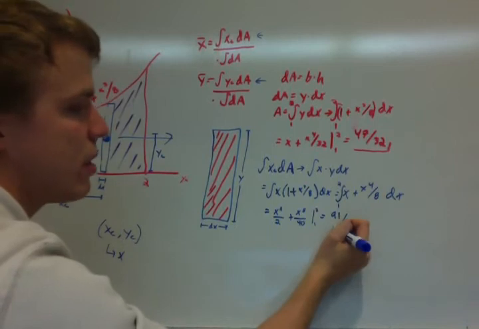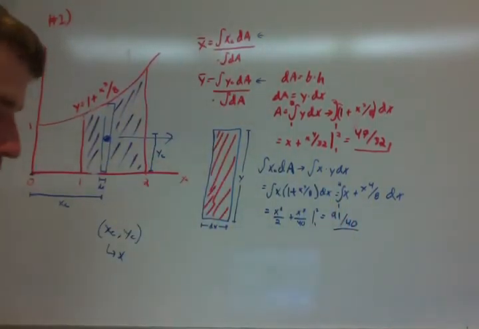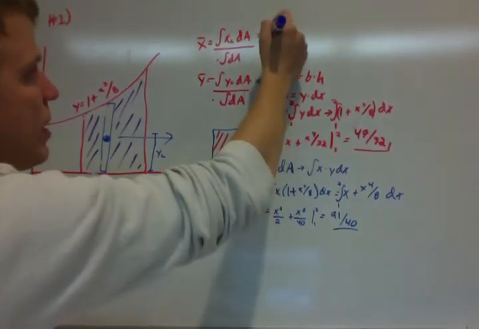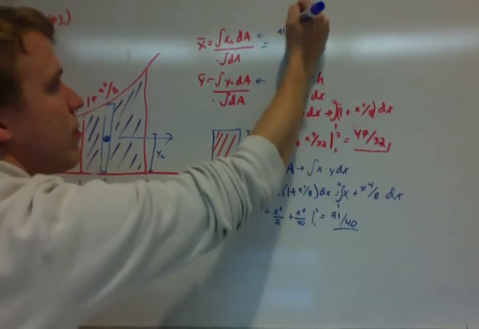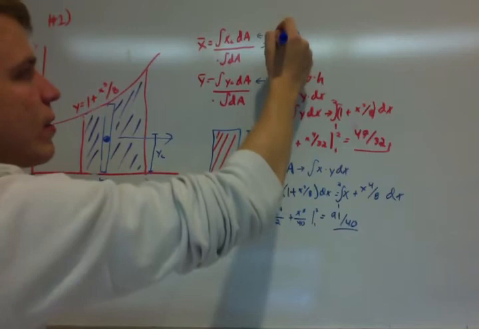So this term is going to go up here. So if we wanted to solve for x bar right now, we could. So let's go ahead and do that. So we plug in our values here. We've got 91 over 40 over 47 over 32.